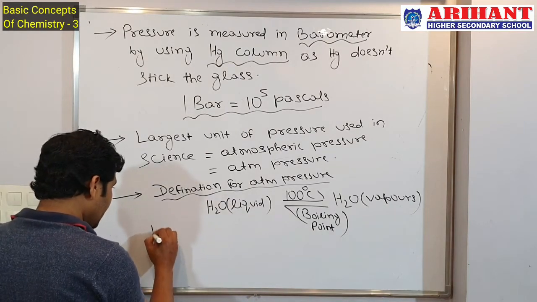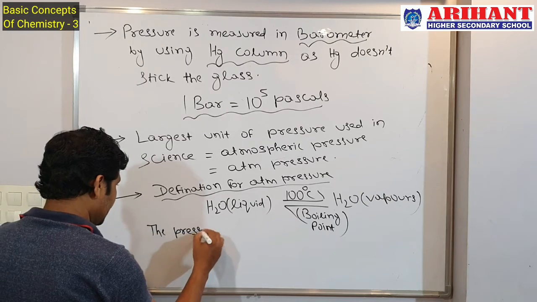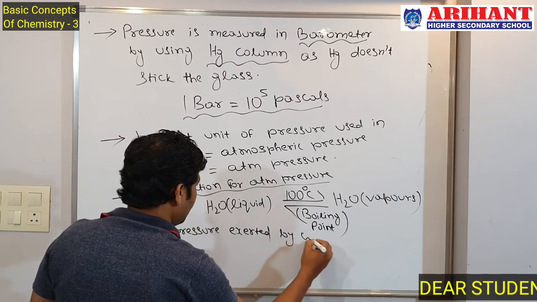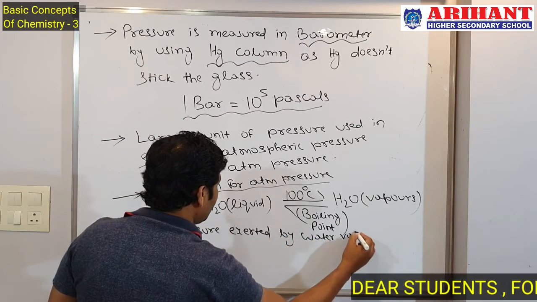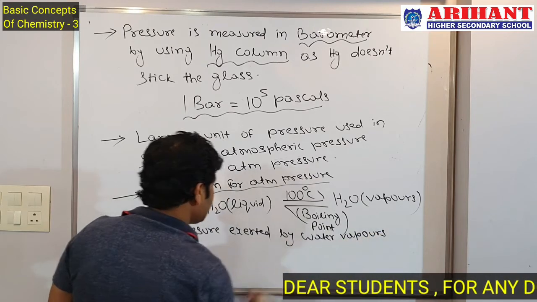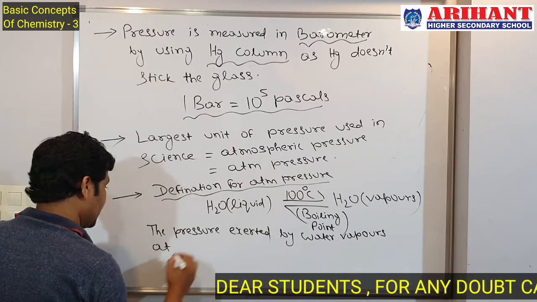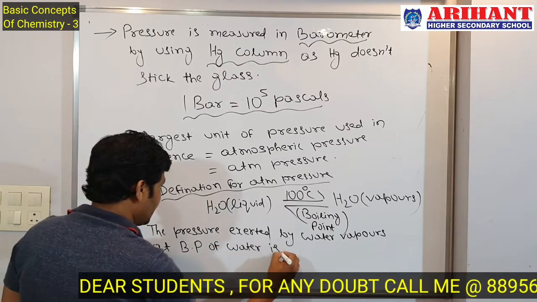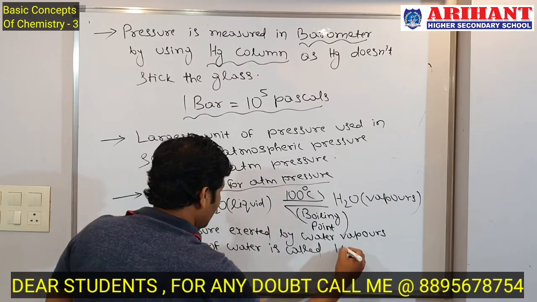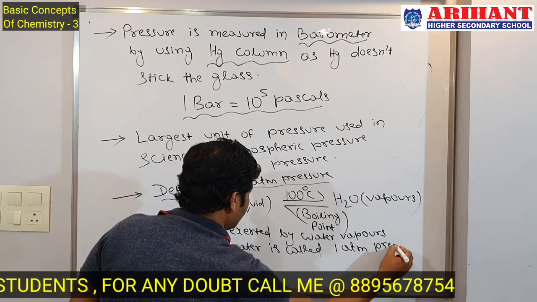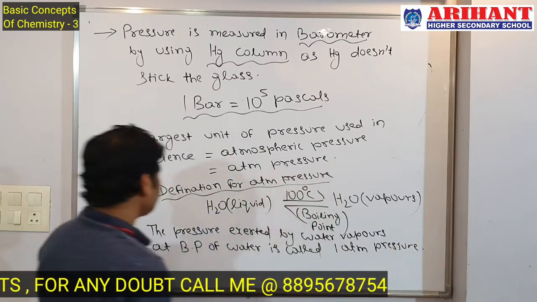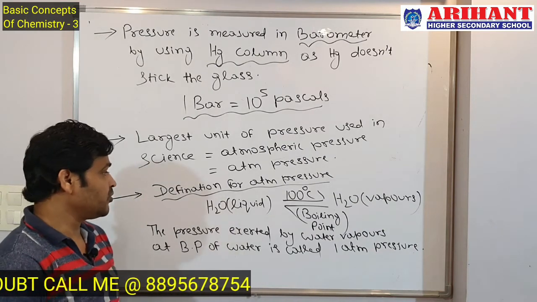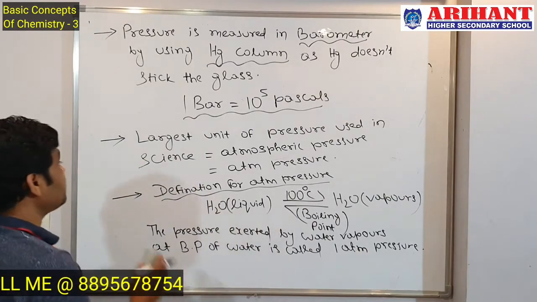The pressure exerted by water vapors at boiling point of water is called 1 atm pressure.